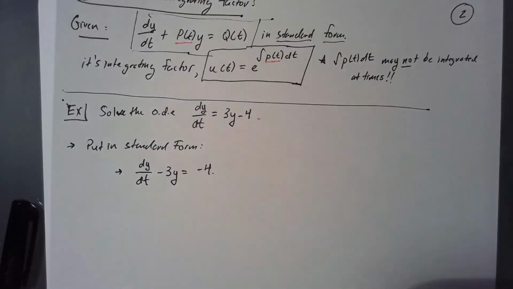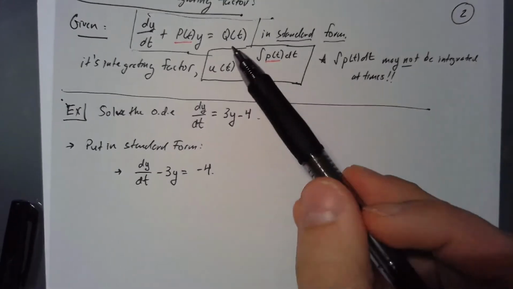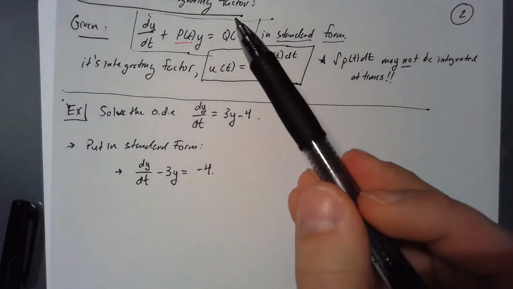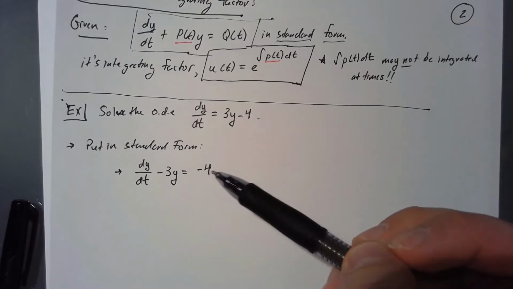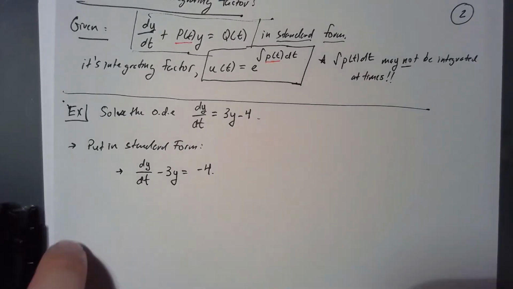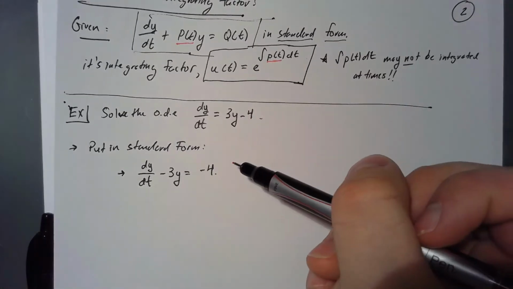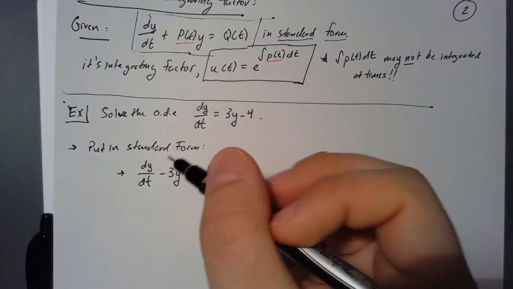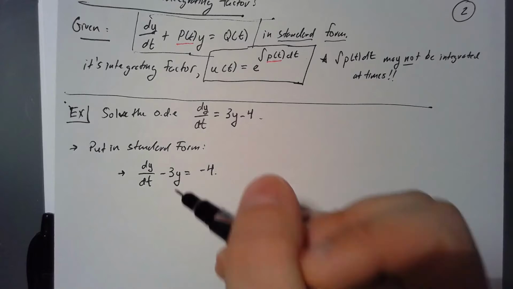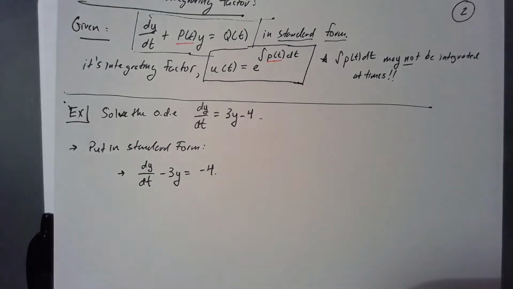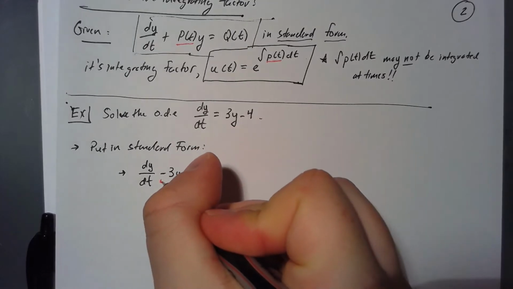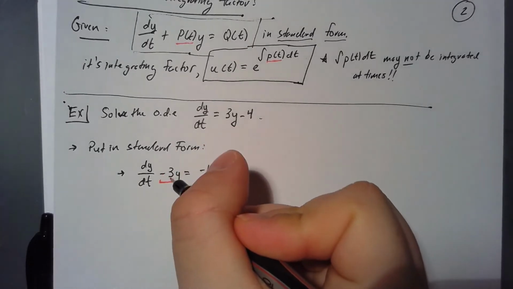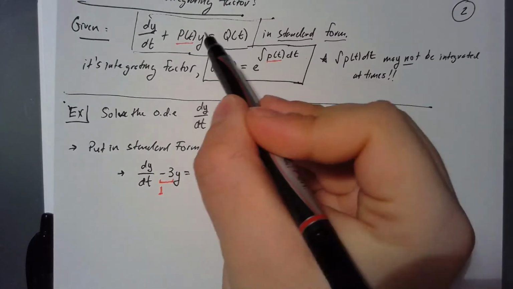And this is equal to Q of t, which can also be stuff with t or just a number. So to compare this to this, in this case right here, and I'm including the negative with it, that right there is my P of t.